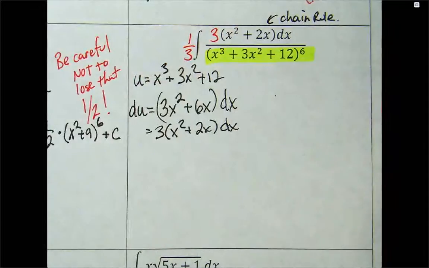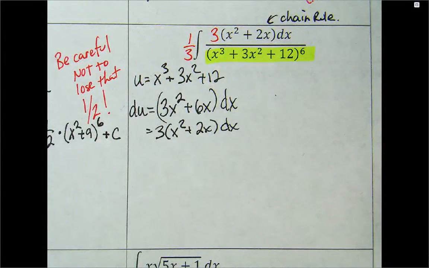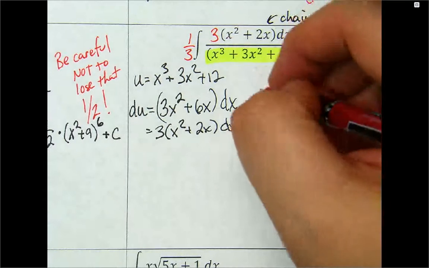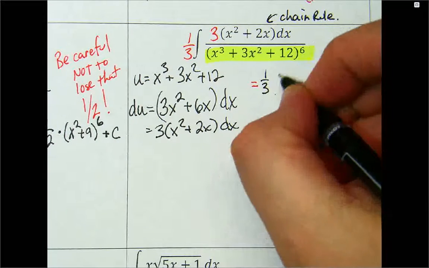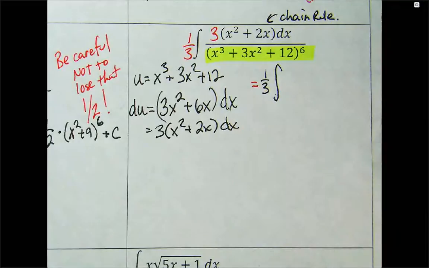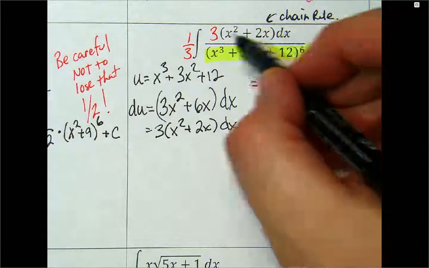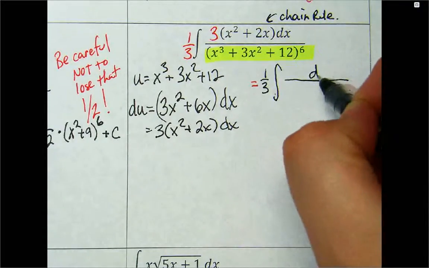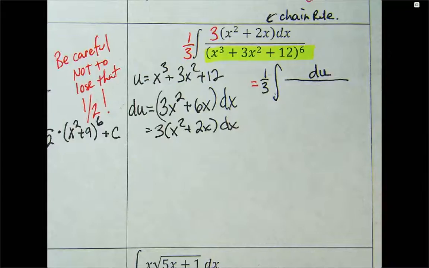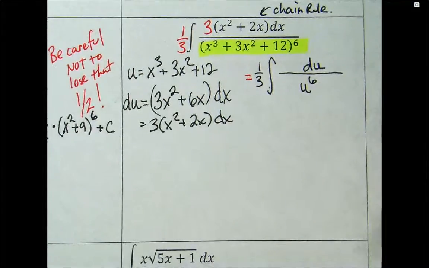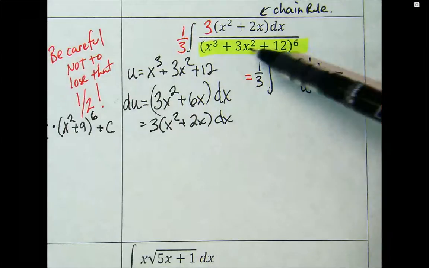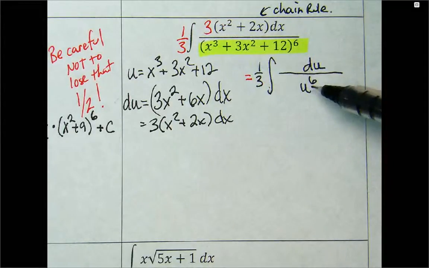Do we change the value of the integral? Nope. So now I can change this to 1/3 times the integral of all of this up top becomes du. And down here, I just get u to the 6th. Now, which one looks like it's a little bit easier to integrate? The top one, the original one that we had, or this guy right here? This guy. This is just doing a little bit of rewrite here.